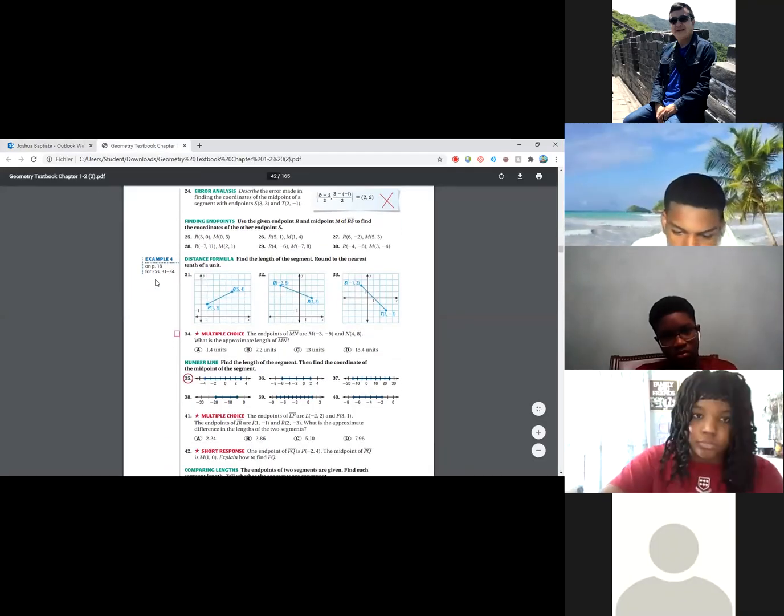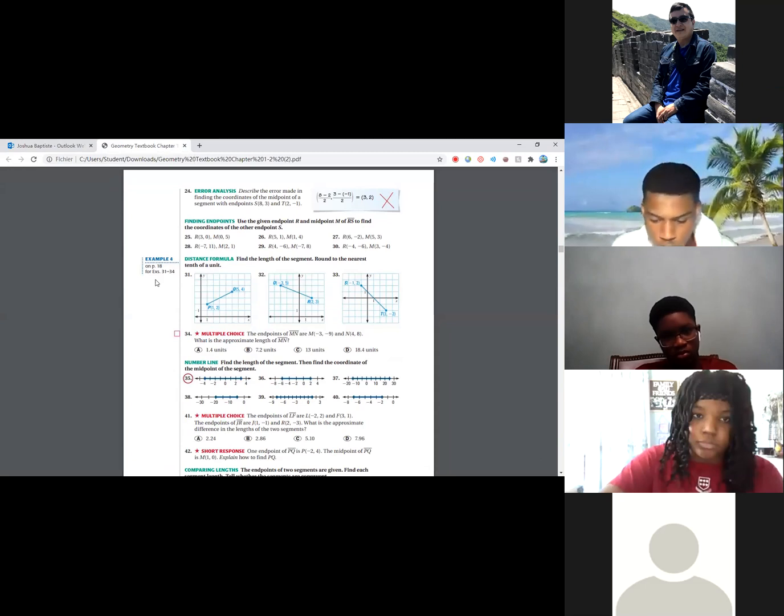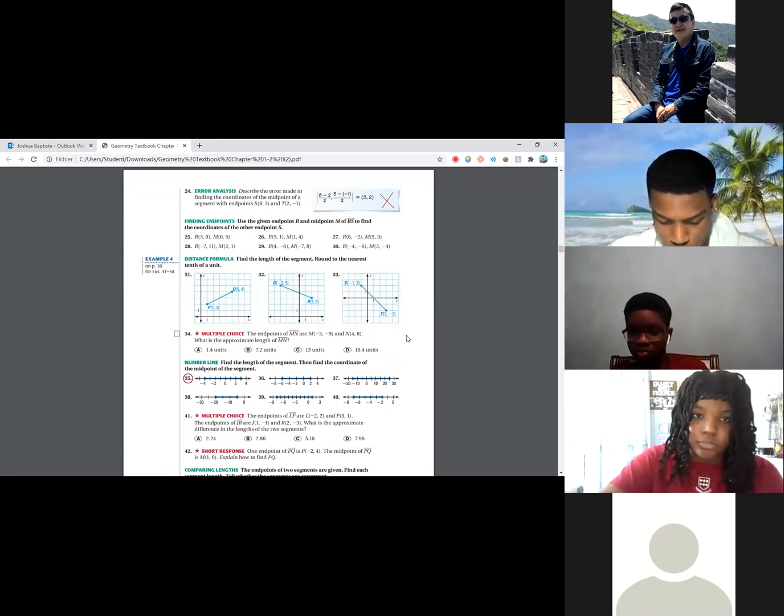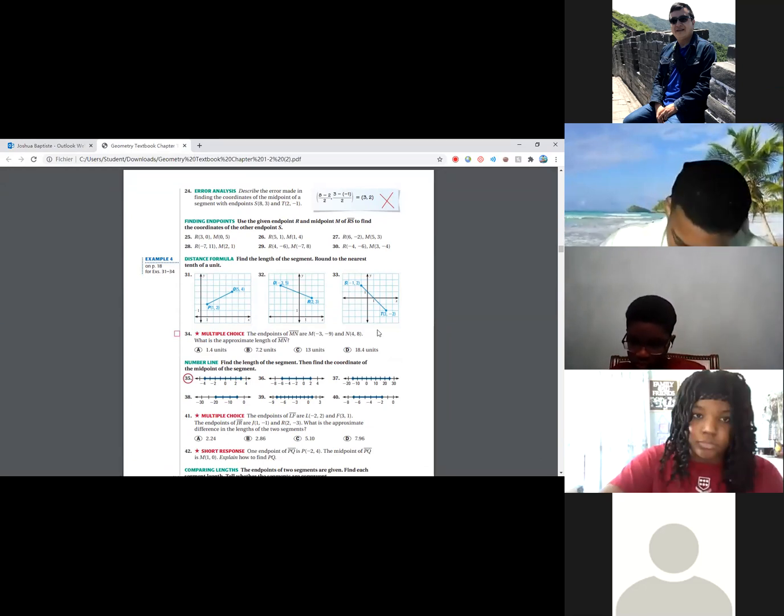32. Find the length of the segment, round to the nearest tenth of a unit. So then this would be the distance formula. Do you want to try this one, Mason? 32? Yeah. It's the same thing as the last one I did. Oh no, 32, you have to find the length of this line.